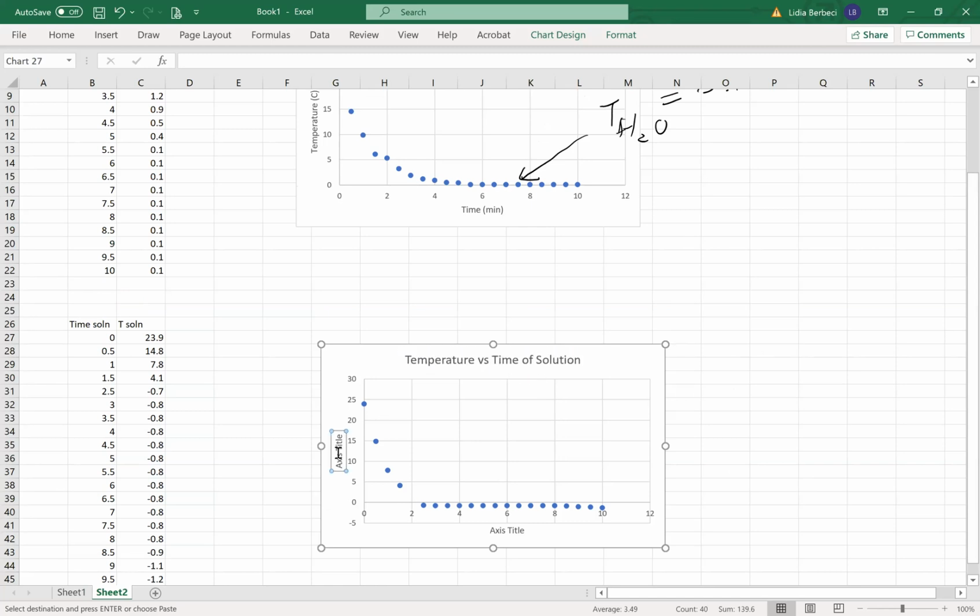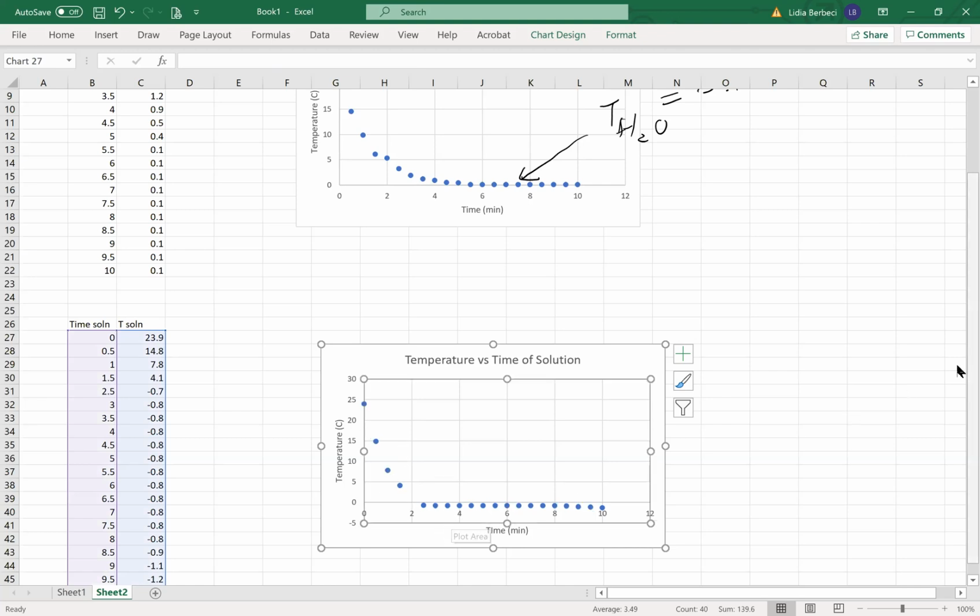On the axis here, we have temperature in Celsius, and on the bottom we have time in minutes. You could put a line through it if you would like, but you could also leave it like this.